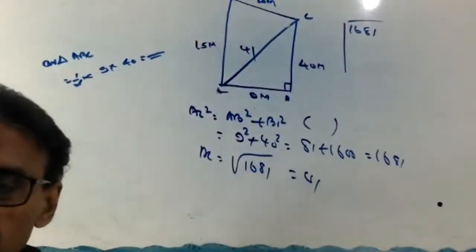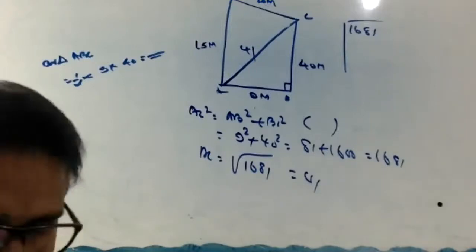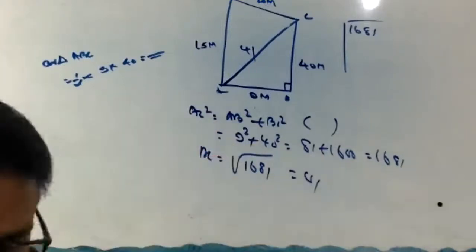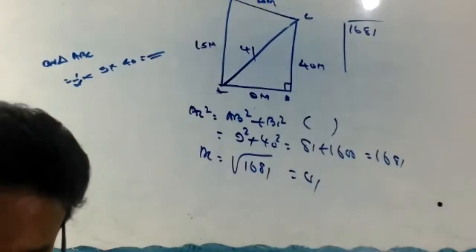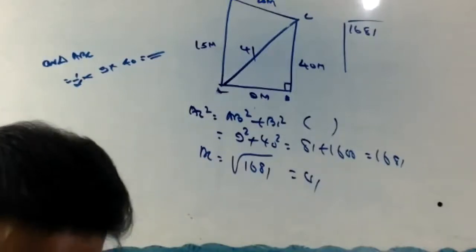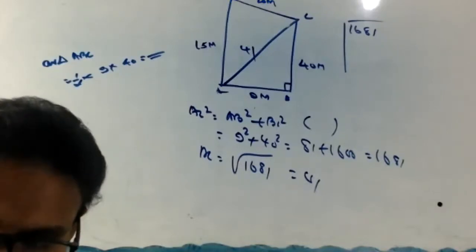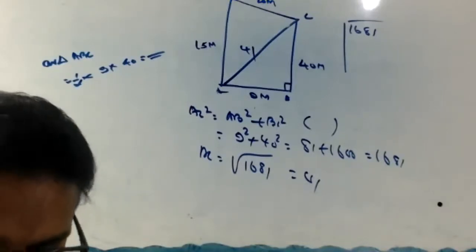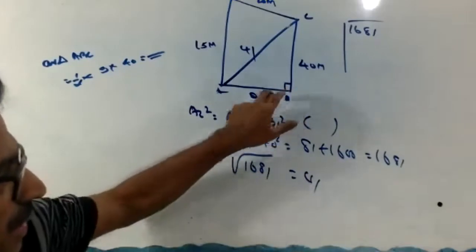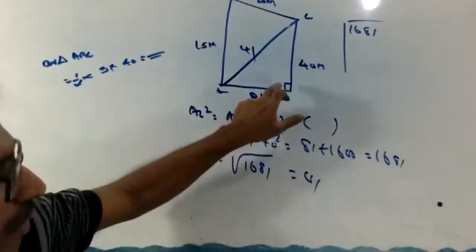Are you okay? Once again, I tell you, look at here. First of all, draw a correct figure according to the question. The question says the angle between the first two sides is a right angle. So this angle is 90, this is 9 meter, 40 meter.